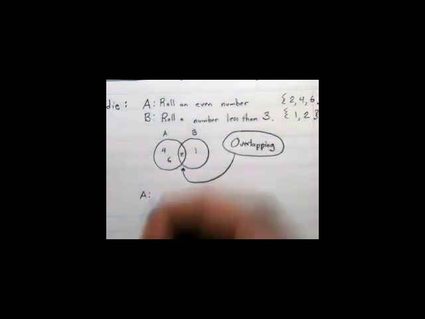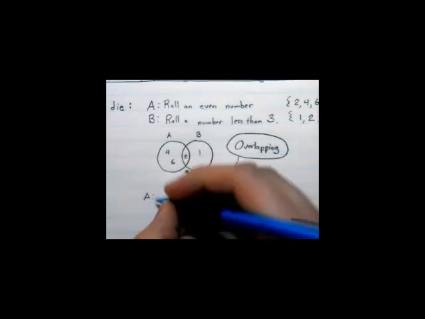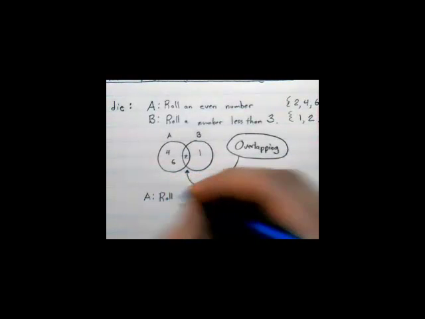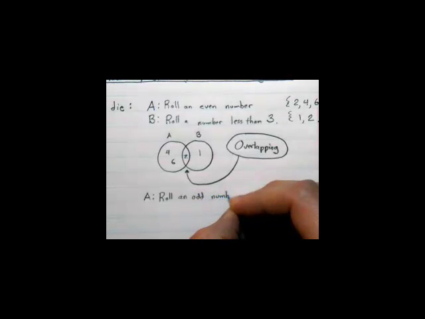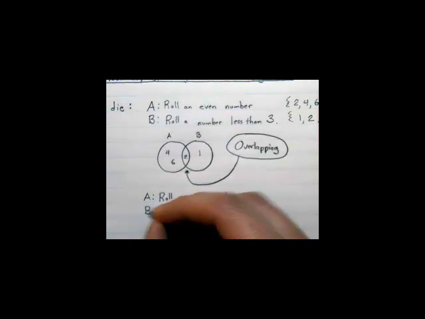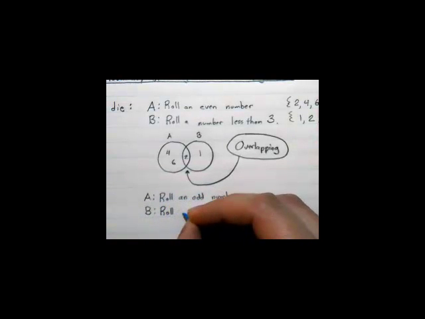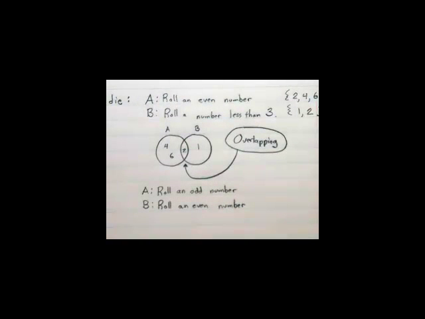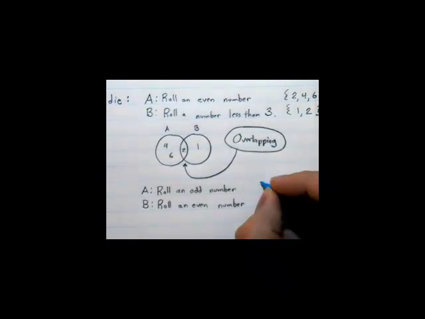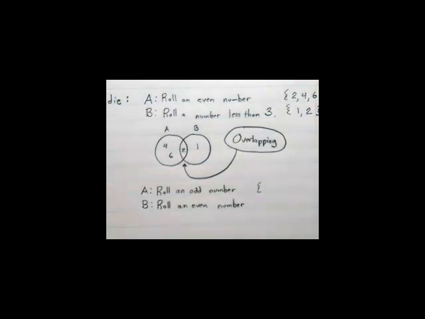Let's say event A is roll an odd number and event B is roll an even number. Now we've got disjoint, right? If we list out the possibilities, an odd number, you could get a 1, a 3, or a 5.